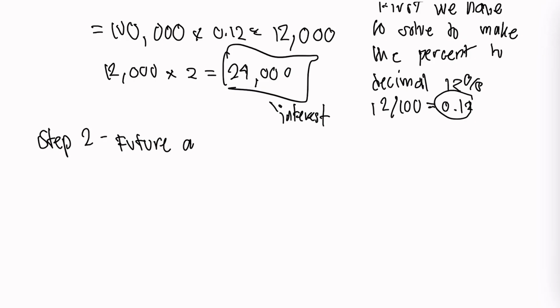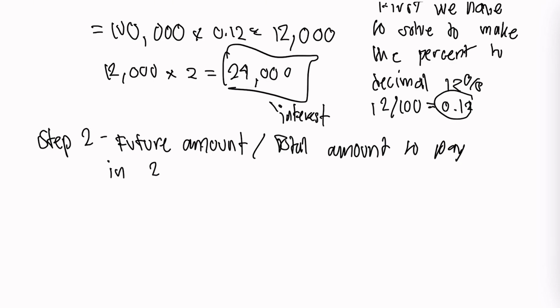In step 2, our objective here is to find the future amount or the future value. Sorry for the handwriting, guys. So the formula to find the future amount is A is equal to P plus I. So let's substitute the values to the formula.